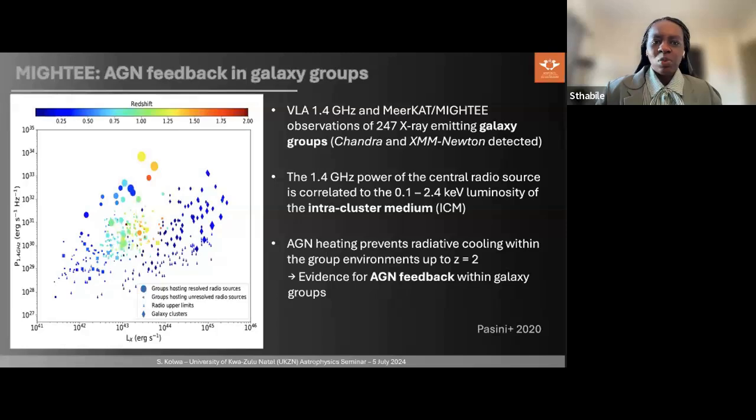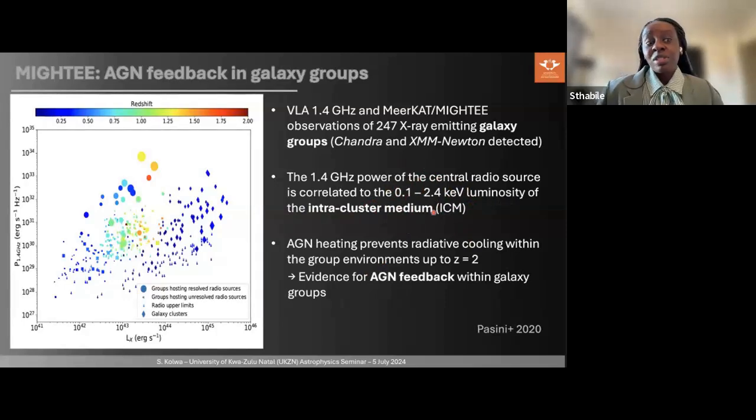Now, what they found for this sample of galaxy groups is that there is a significant correlation between 1.4 gigahertz powers and X-ray luminosities integrated over this energy range, which they understand to be probing, in terms of the X-ray emission, the intracluster medium.